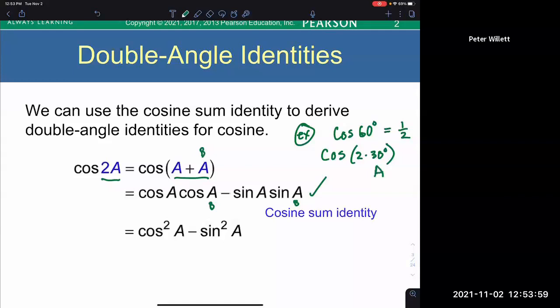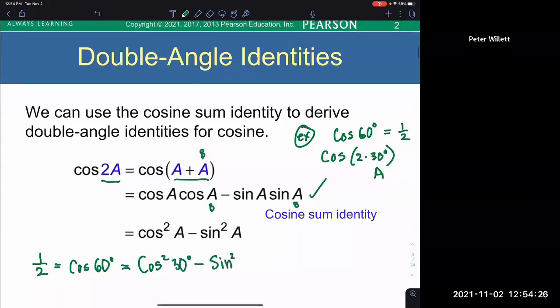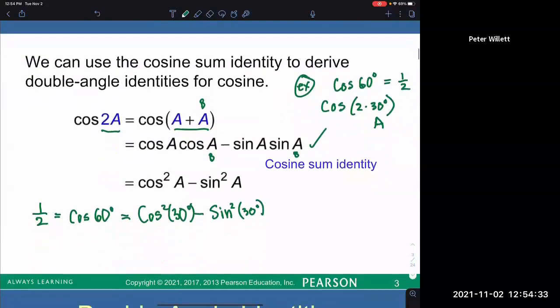So in this case, cosine of 60 degrees, which we separately happen to know is 1/2 because it's a nice angle that we've worked with, should also come out to be 1/2 if we instead took the cosine squared value for 30 degrees and subtracted from that the sine squared value of 30 degrees. Let's put that in parentheses. So let's see how that would work out.